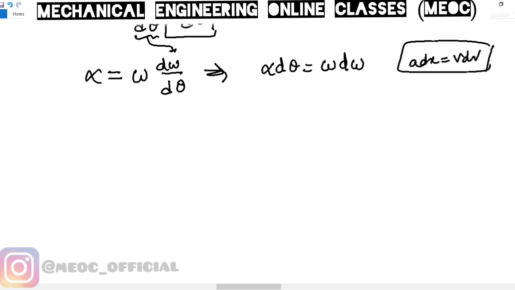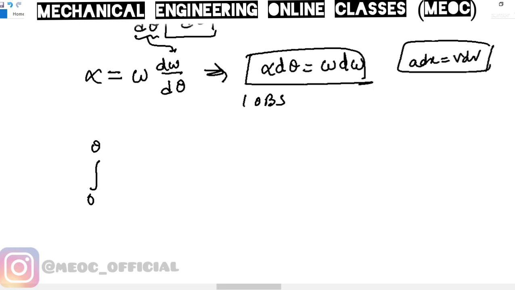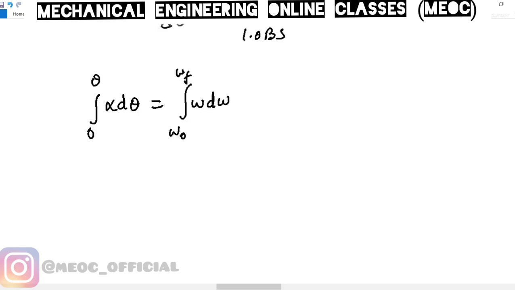So now let us integrate this on both the sides. So integral 0 to theta alpha d theta is equal to integral omega naught to omega f omega d omega. Alpha is constant, so it will come out. Alpha integral d theta will be theta. Theta is changing from 0 to theta, so it is theta only.